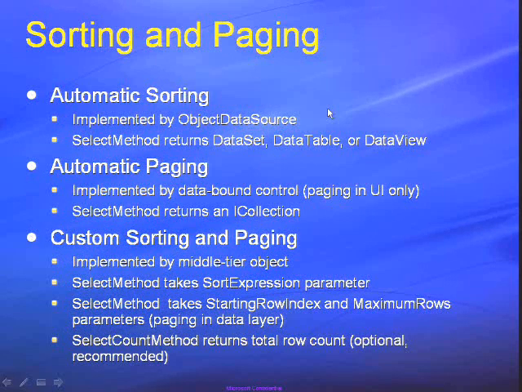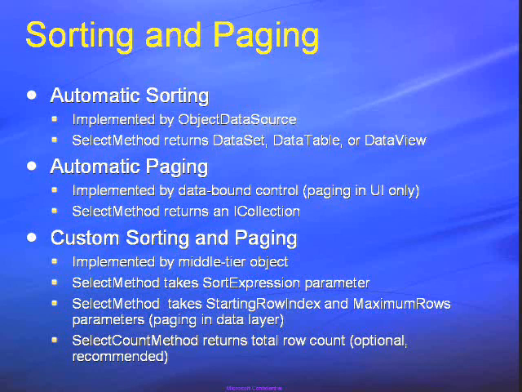For sorting and paging, if you notice on that earlier slide with all the code gen, there are overloads of the selection that take sorting and paging parameters. For paging, we expect a parameter that is the starting row index, and then a parameter that specifies the total number of rows that you want the method to return.